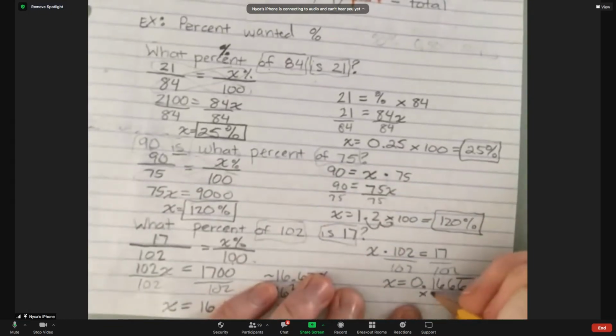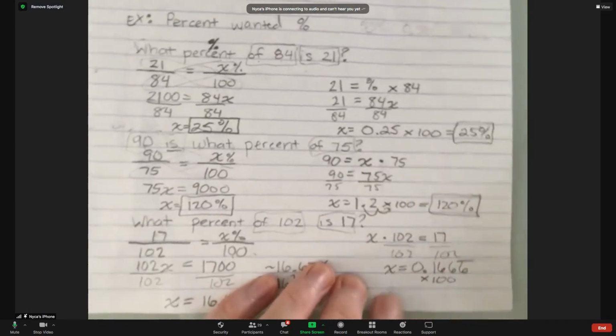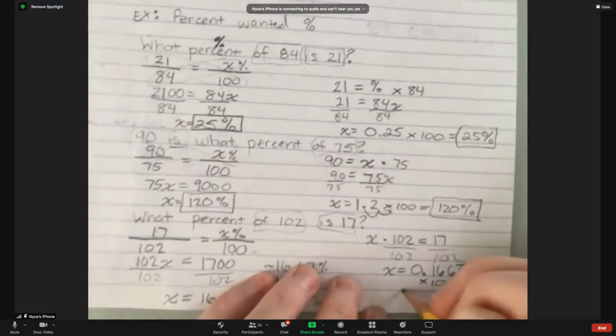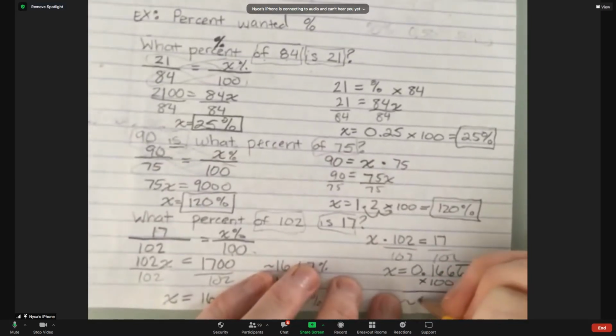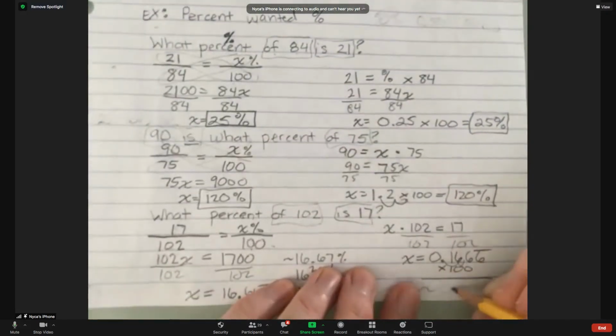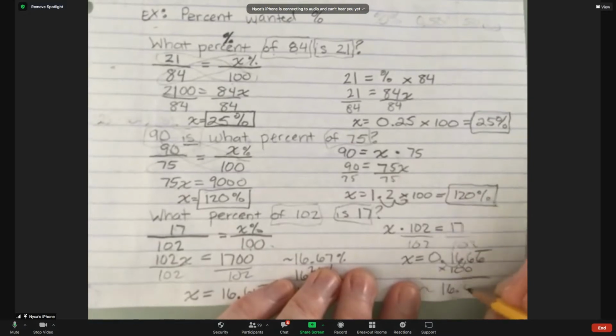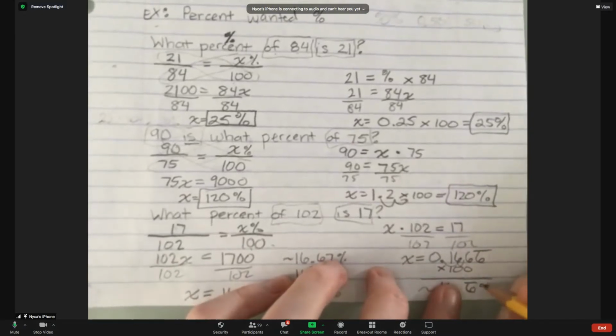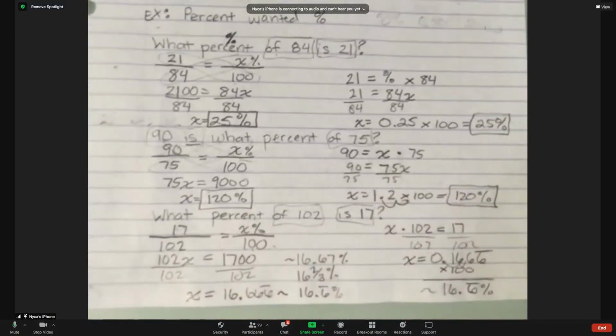At that point, you need to remember times 100 to convert a decimal to a percent. And then that gets you about 16.6, and you're back to square one, repeating percent.